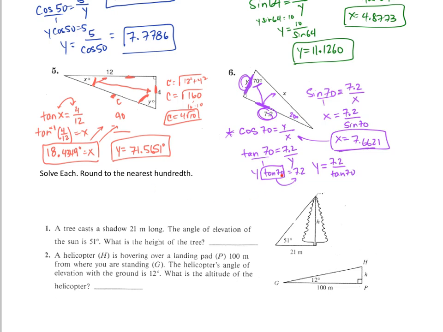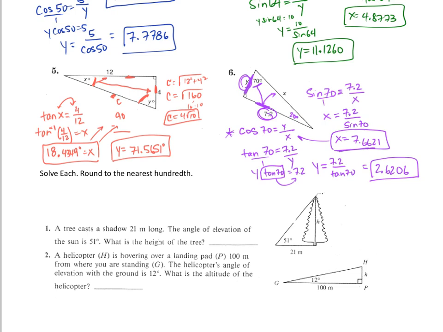So to get this by itself, it had to be inverse. This is attached. Just a reminder. Okay, so 7.2, let me get my calculator out again. 7.2 divided by the tangent of 70 comes out to be 2.6206.